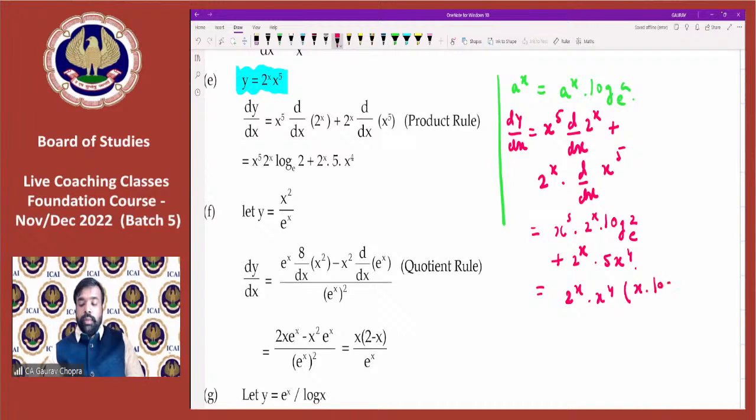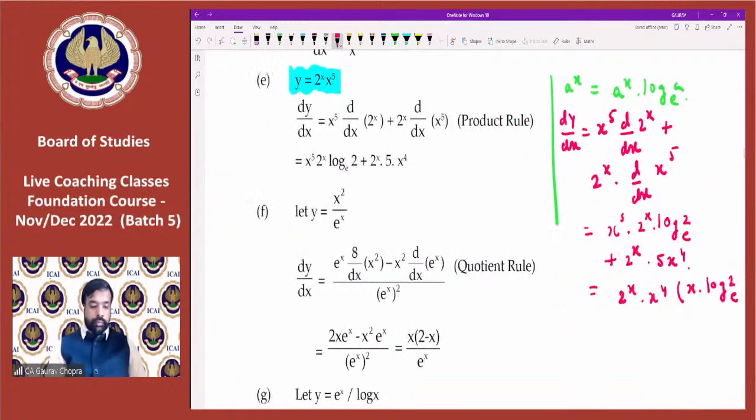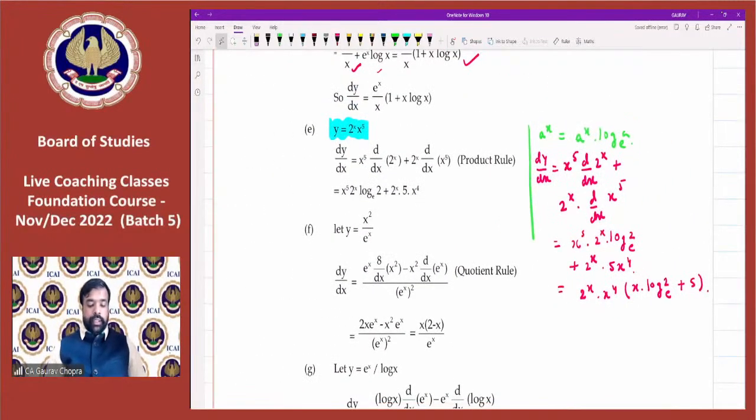X multiplied by log 2 base e plus 5. Okay, so we can choose as per options. If option is having something common, you can also take common and match your result. So this was E point.